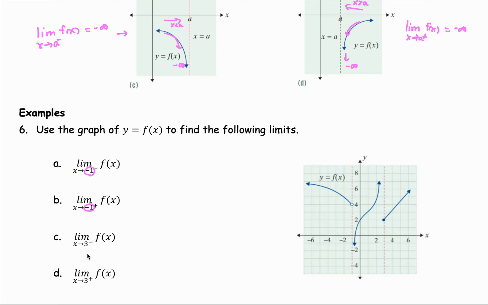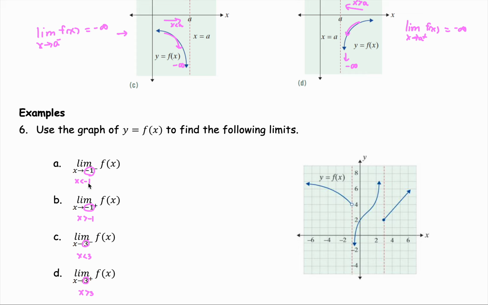Parts C and D are similar, approaching 3 from the left and from the right. So for part A, x is slightly less than negative 1, part B, x is slightly greater than negative 1, part C, x slightly less than 3, and part D, x slightly greater than 3.